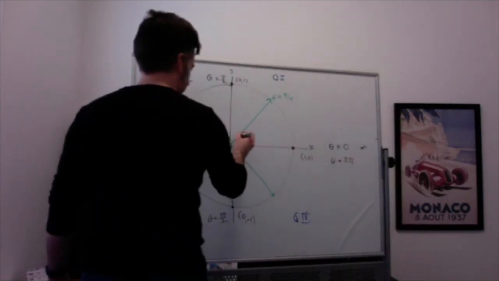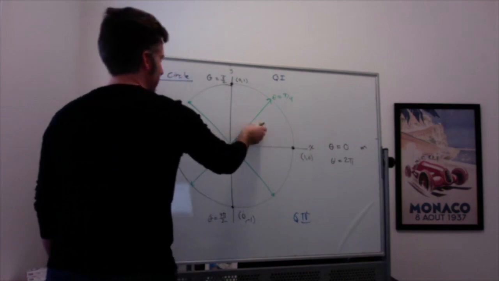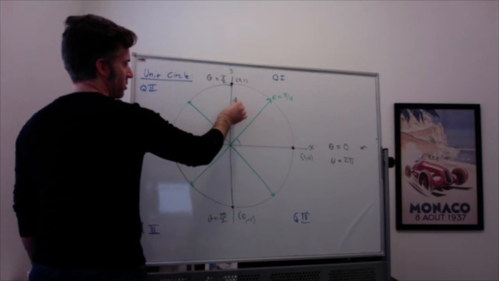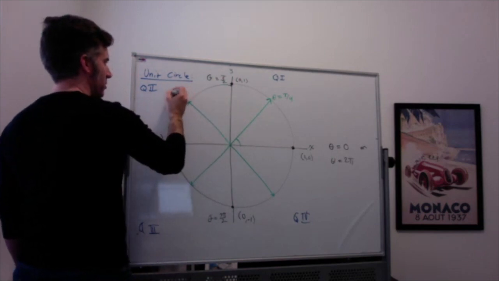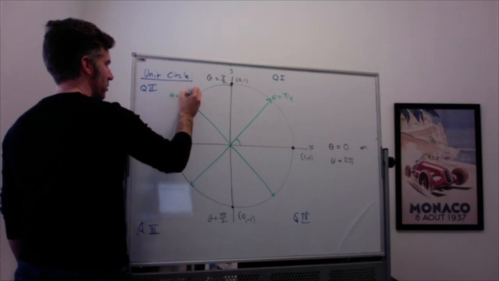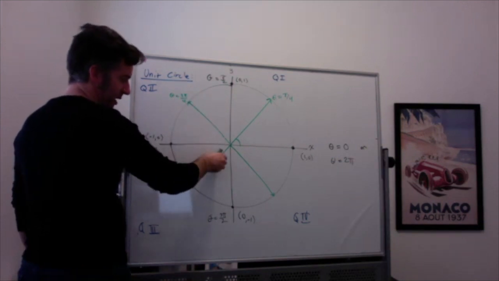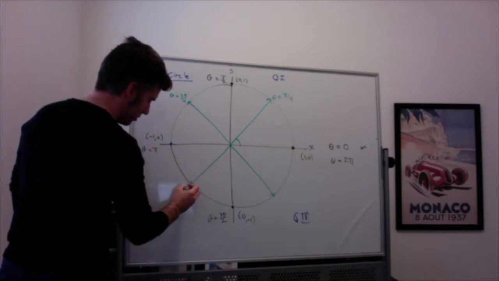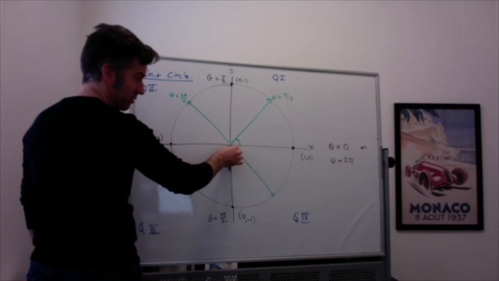If I look at the angle from there to there, that's a pi over 4. And then this is going to be, so pi over 4, 2 pi over 4, 3 pi over 4, 4 pi over 4, which is pi, 5 pi over 4, 6 pi over 4, which is 3 pi over 2, and 7 pi over 4.